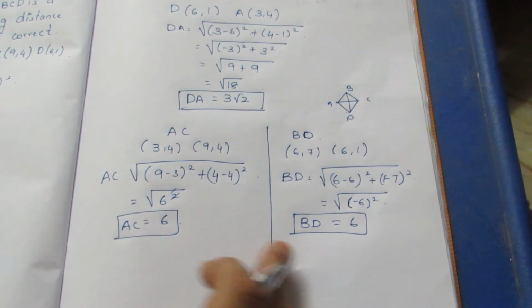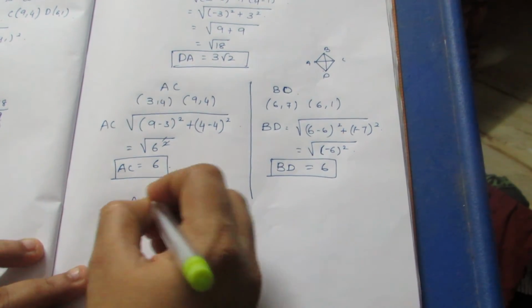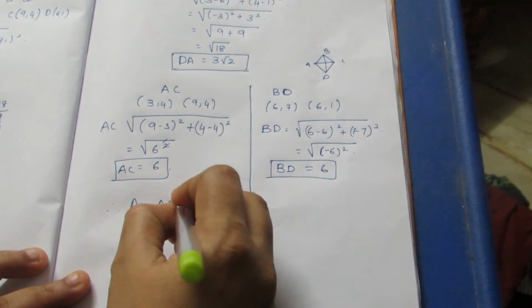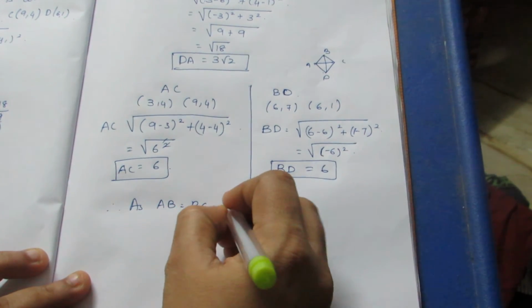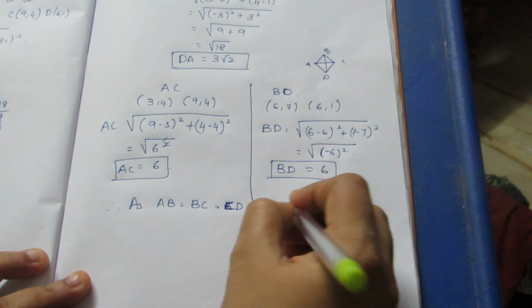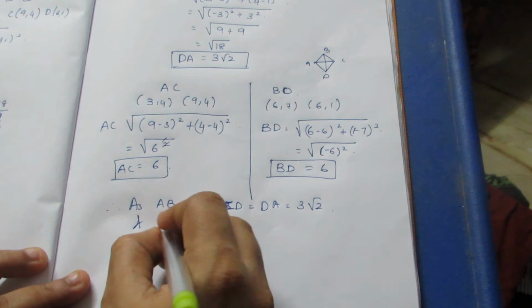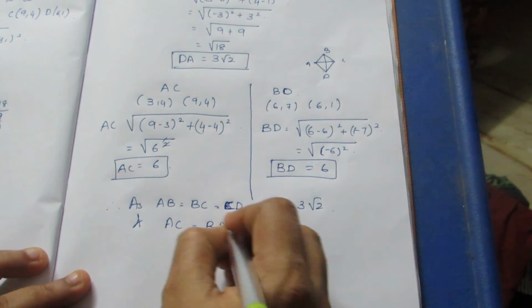Now the diagonals are equal. We know that AB equals BC equals CD equals DA equals 3 root 2 and AC equals BD equals 6.